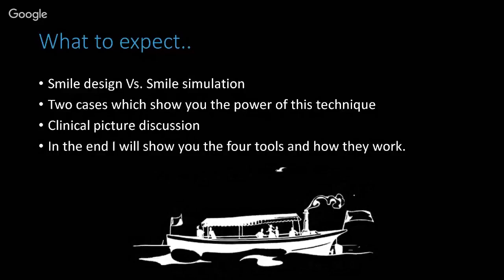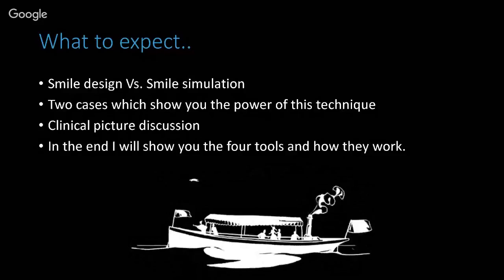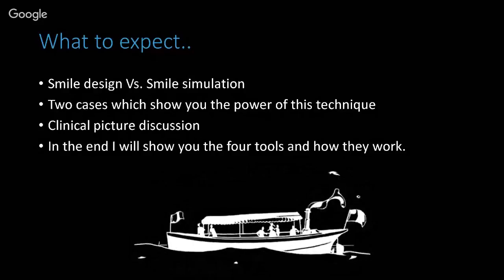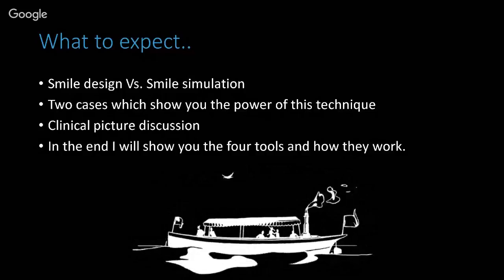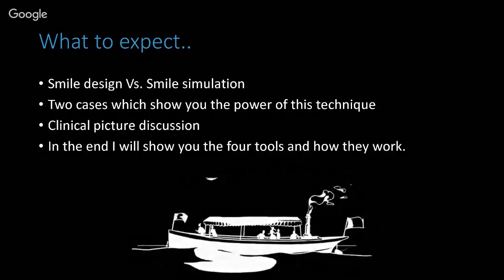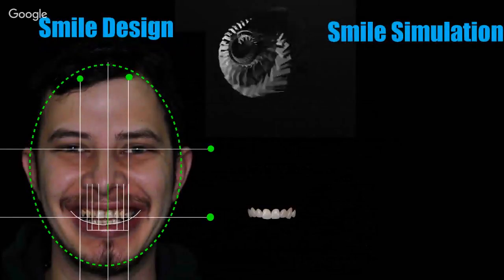In the end, I'm going to summarize those 4 tools and show you how they work. But eventually, as I've said earlier, practice is really important. So all I'm trying to do is point out 4 things you can do to perform a really nice smile simulation.